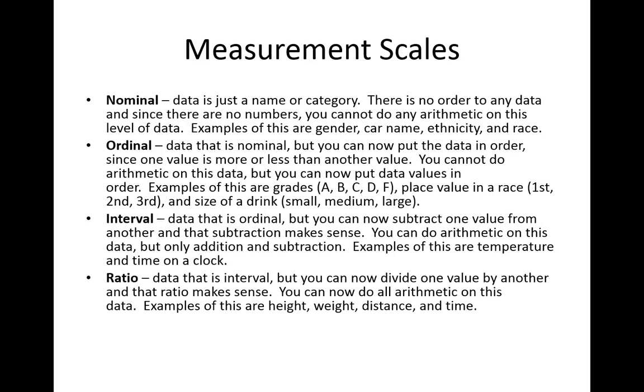However, if you look at the Kelvin scale, now that one is different, because 0 on the Kelvin scale, that absolute 0, is an absence of heat or an absence of motion in the molecules. And so that represents an absolute 0. So I personally see the Kelvin scale as ratio data, but Fahrenheit and Celsius I see as interval data, because there is no absolute 0 on those scales. It's just another tick mark.